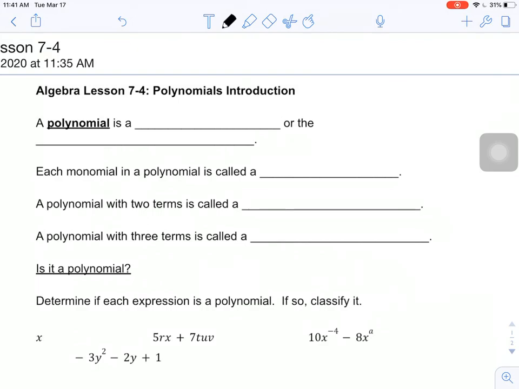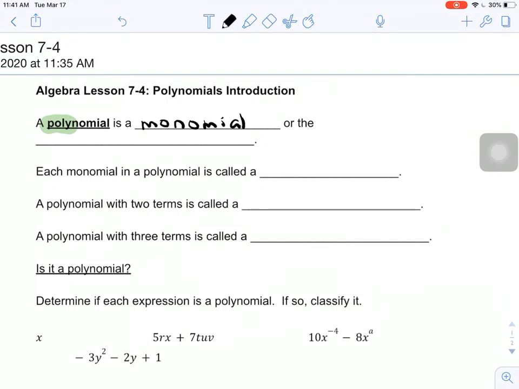So a little bit about what a polynomial is as part of our intro. If you think about stems and meanings of words, poly, which is part of the word polynomial, means many. So a polynomial can be a monomial, which we've talked about. It can also be several monomials, because poly means many, so many nomials, many monomials.